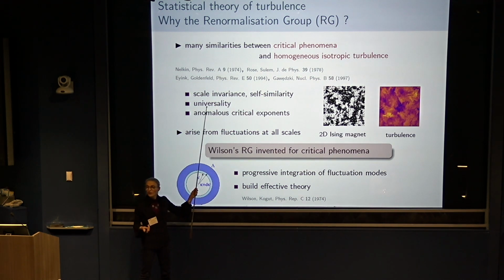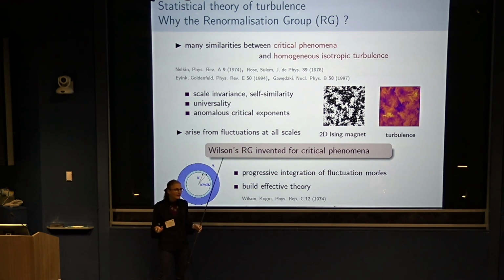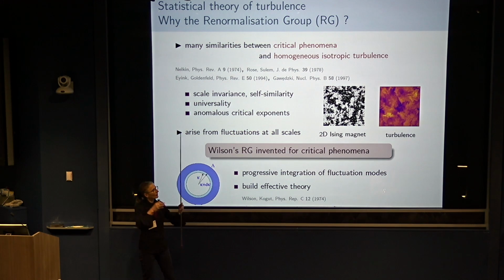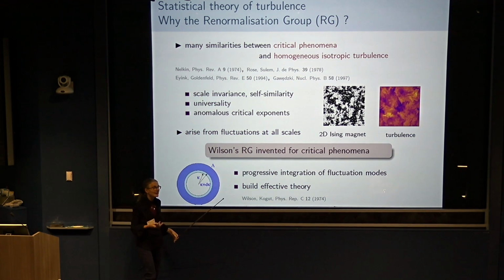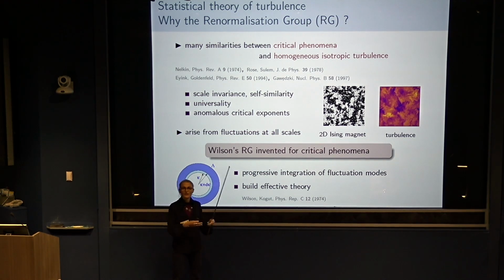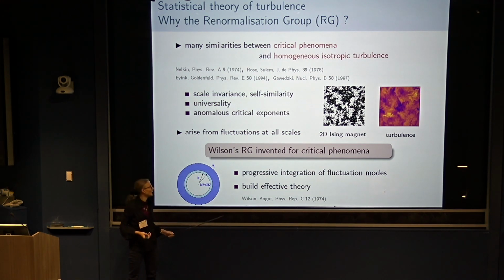It has universality, the same behavior in many systems. And it has anomalous critical exponents. This critical behavior arises from the fact that you have fluctuations emerging at all scales, so your system becomes strongly correlated. Wilson's renormalization group was precisely invented to deal with that, that is, to account for these fluctuations at all scales. And it was very successful for critical phenomena.